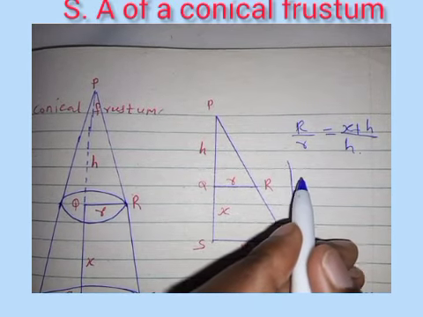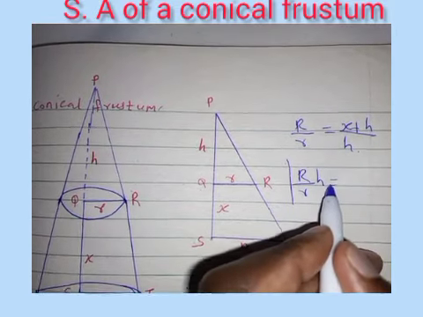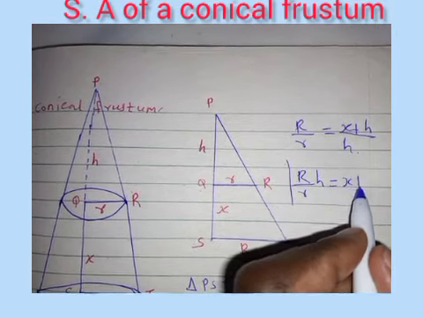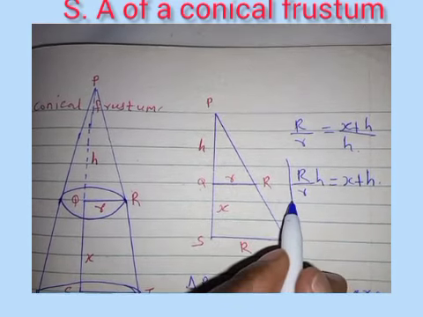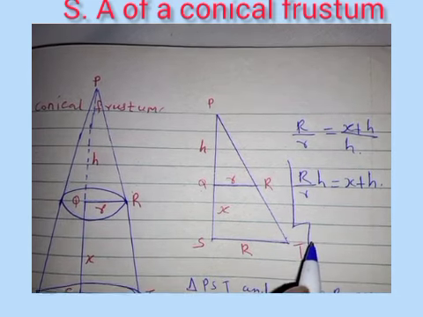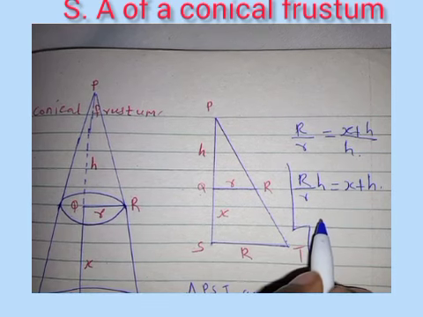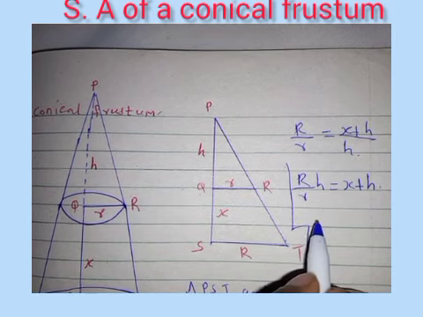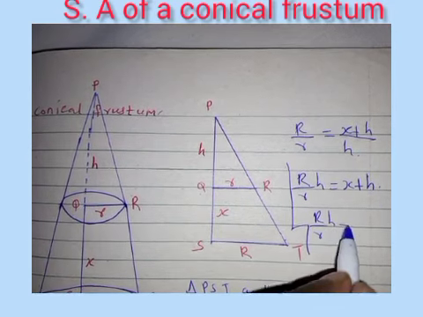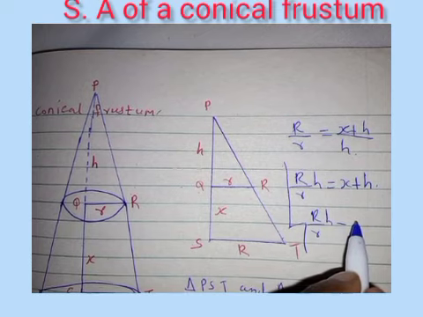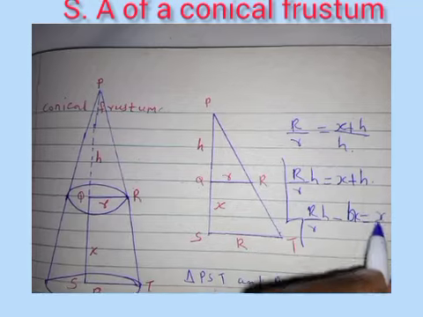So we are going to have capital R over small r times h, which is equal to x plus h. So we subtract h both sides to have R over r h minus h is equal to x.